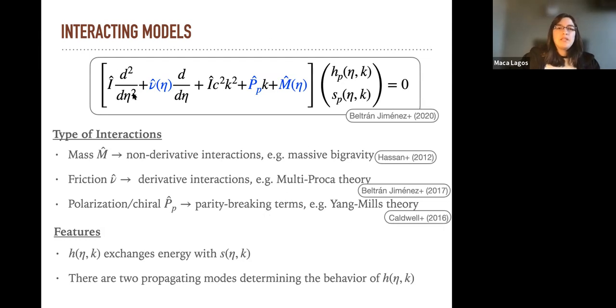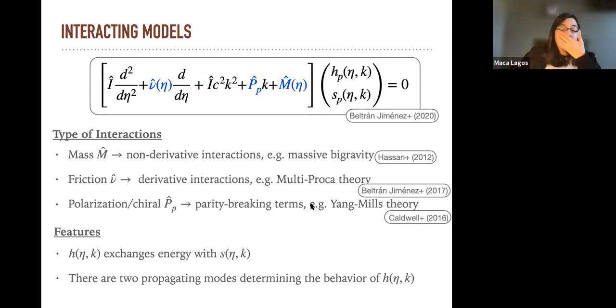These matrices are non-diagonal, but there may be solutions, which I'm going to call the propagating modes, that effectively diagonalize these equations of motion, and those describe the actual 2 independent degrees of freedom. The gravitational wave signal H will be a linear combination of those 2 propagating modes. They are the ones that effectively diagonalize this equation of motion.